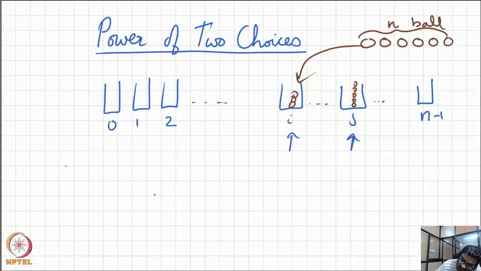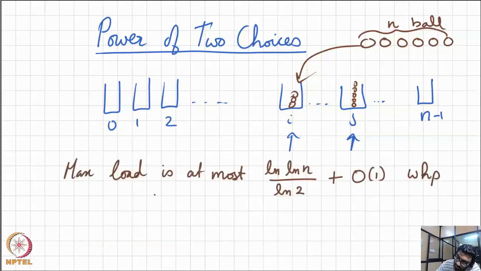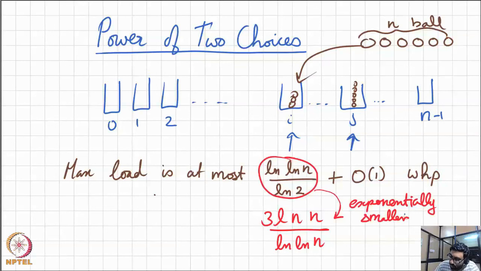In fact, the max load is going to be at most ln ln n over ln 2 plus O(1). Now that has to be contrasted with the previous bound that we got, which was 3 ln n over ln ln n. And so notice that this bound is exponentially smaller than the previous bound that we got.